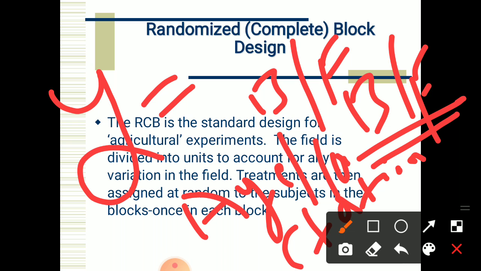That is done through blocking. We create blocks for the existing or proven source of variation. For example, all the 30 animals are not of the same lactation; you have animals belonging to different lactations. In each treatment, that is feed category, you can put animals belonging to lactation number 1, lactation number 2, lactation number 3.